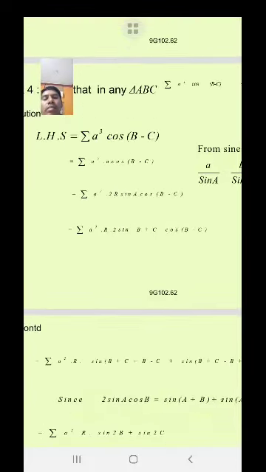And next step, that equals sigma a square into r into 2 sine a cos b. It is in the form of 2 sine a cos b. So if we apply the formula, 2 sine a cos b equals sine of (a plus b) plus sine of (a minus b).